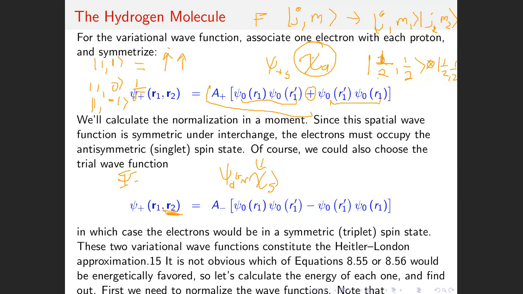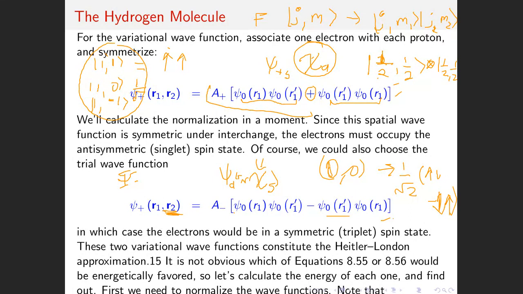So you do a change of bases, but my point is that these triplet states will be symmetric, and then there will be the 0, 0, which you can check is given by 1 over root 2 times up, down, minus down, up. So it depends: if you were to choose this one to be antisymmetric as your trial wave function, then this one has to go with the triplet.